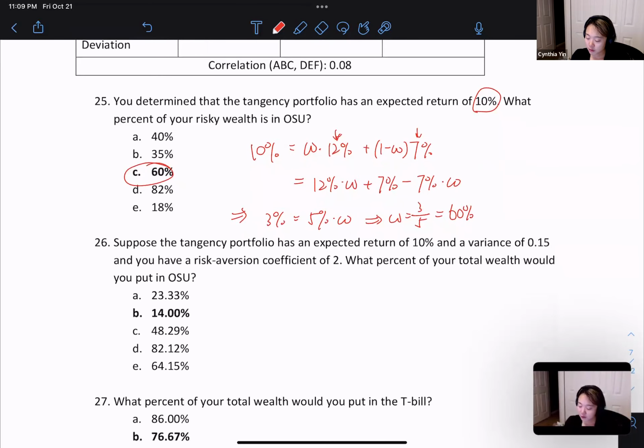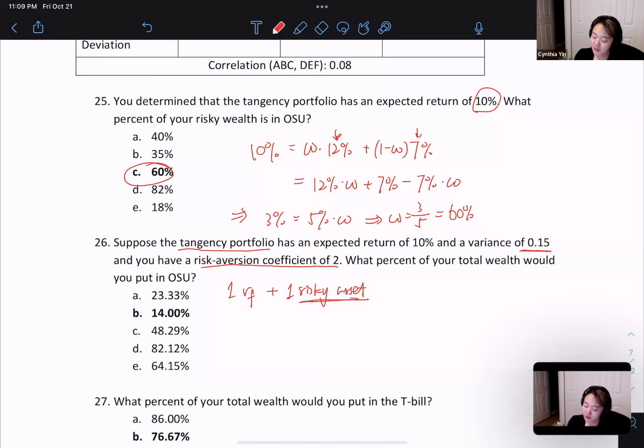Suppose your tangency portfolio has an expected return of 10% as above and a variance of 0.15. You have a risk aversion coefficient of 2. What percent of your total wealth will be in the OSU? This is exactly the example I gave in class that I might test you on, okay? So remember, when you construct the tangency portfolio, think as if you're in the world of one risk-free asset and one risky asset.